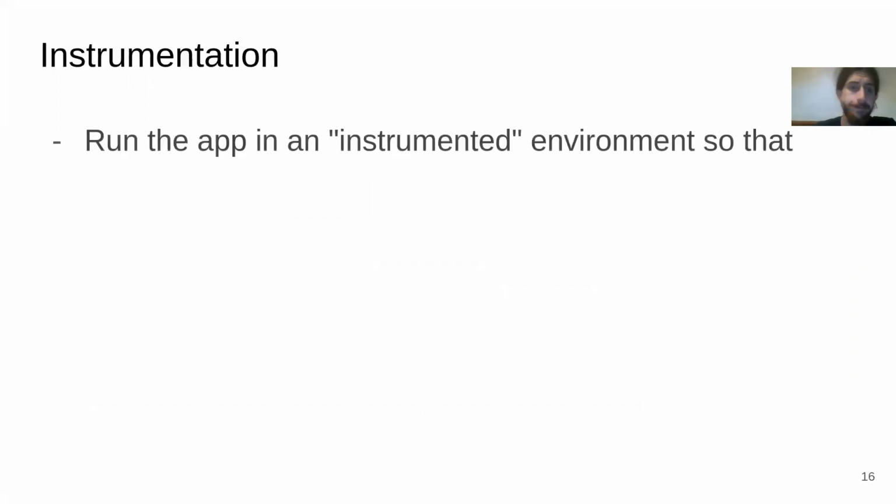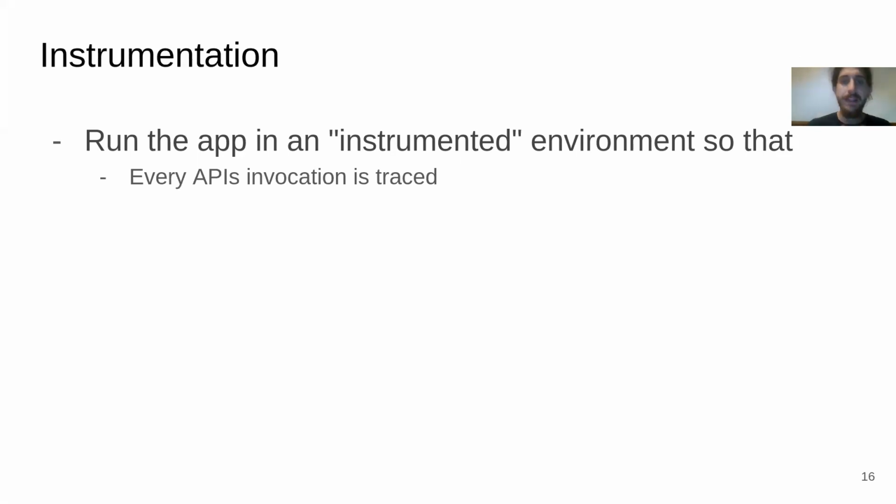Instrumentation is a bit different, and is also very, very powerful. The idea is that you run the app in an instrumented environment. What does it mean? Well, the idea is that you run the app in an environment like an emulator or a modified device in a way that some kind of trace or some kind of logging happens.